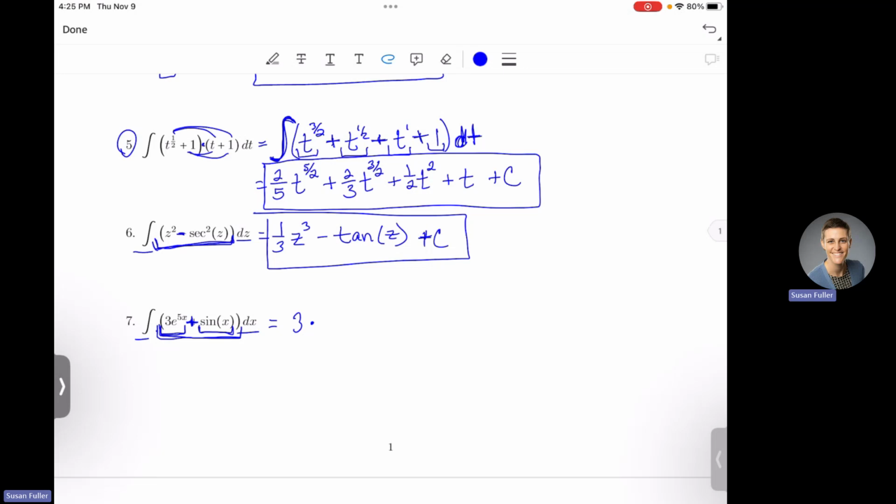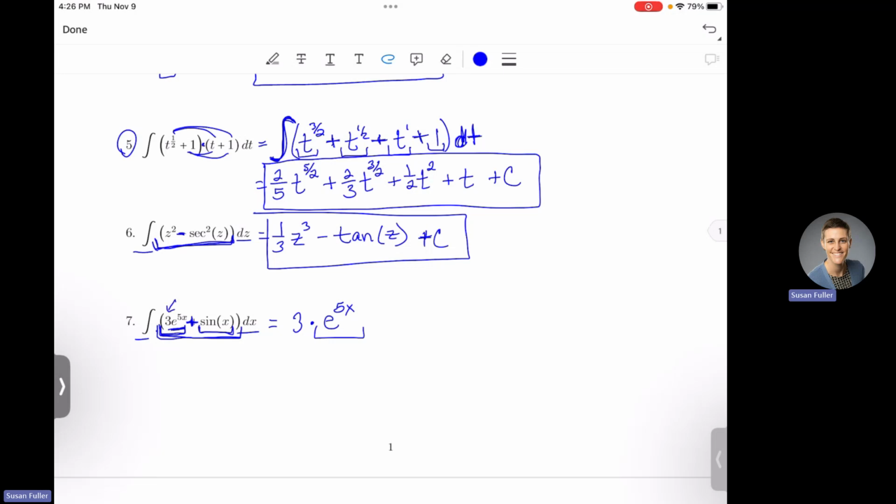And then if I had e to the 5x, I know the derivative of e to the x is e to the x. So to get an e to the 5x here, I needed to start with an e to the 5x. But let's think about if we take the derivative of e to the 5x. I would get e to the 5x times 5 from the chain rule.